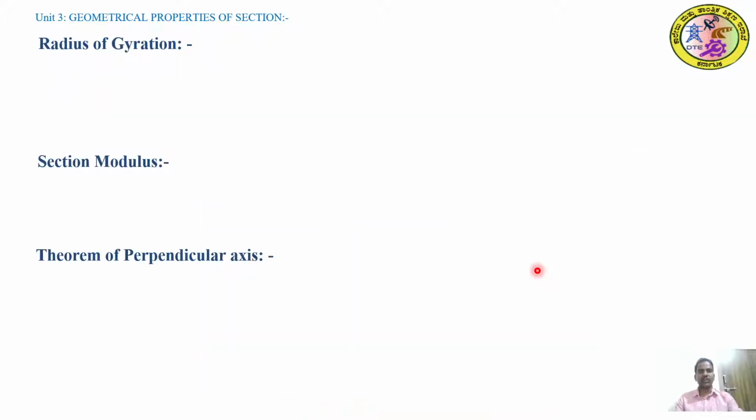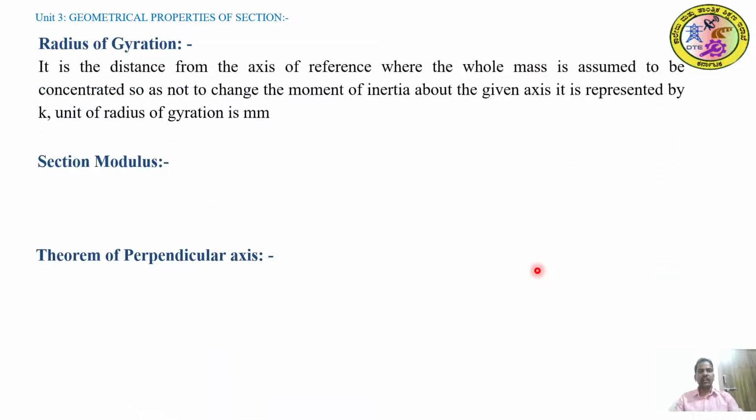Now let's move on to the radius of gyration. The radius of gyration is the distance from the axis of reference where all the mass is assumed to be concentrated without changing the moment of inertia, and it is represented by k. The formula for the radius of gyration is square root of I by A. Therefore, the unit is millimeter, because I, the moment of inertia, is in millimeter power 4 and area is in millimeter square, so if we take the square root, we get millimeter.